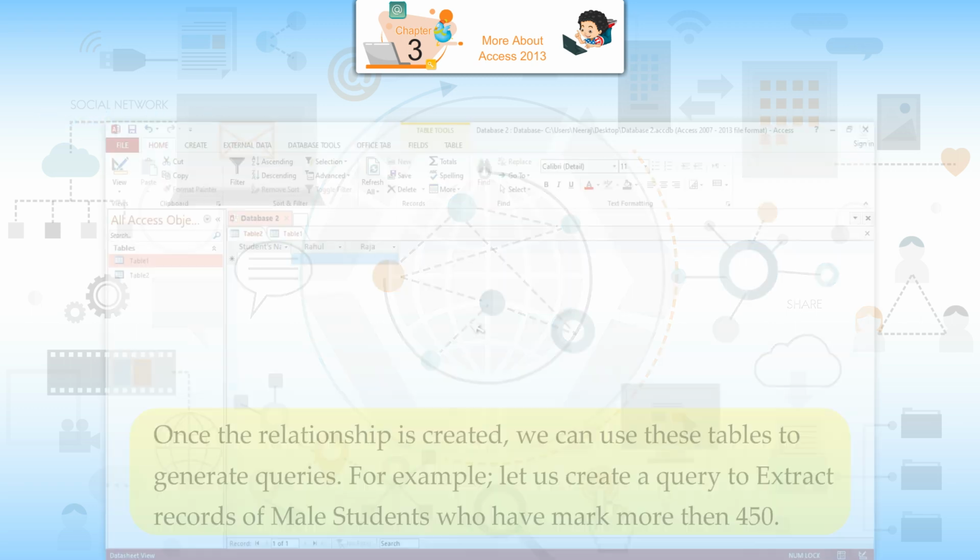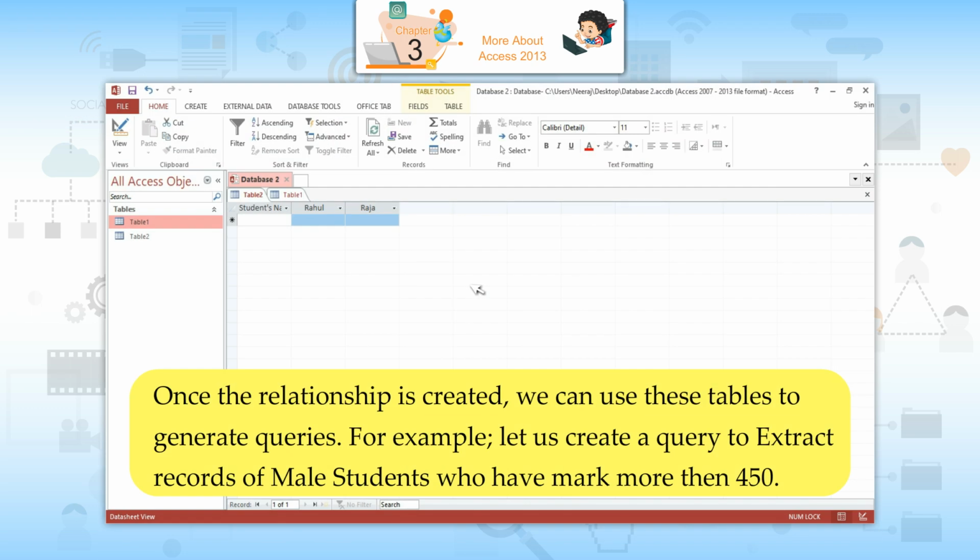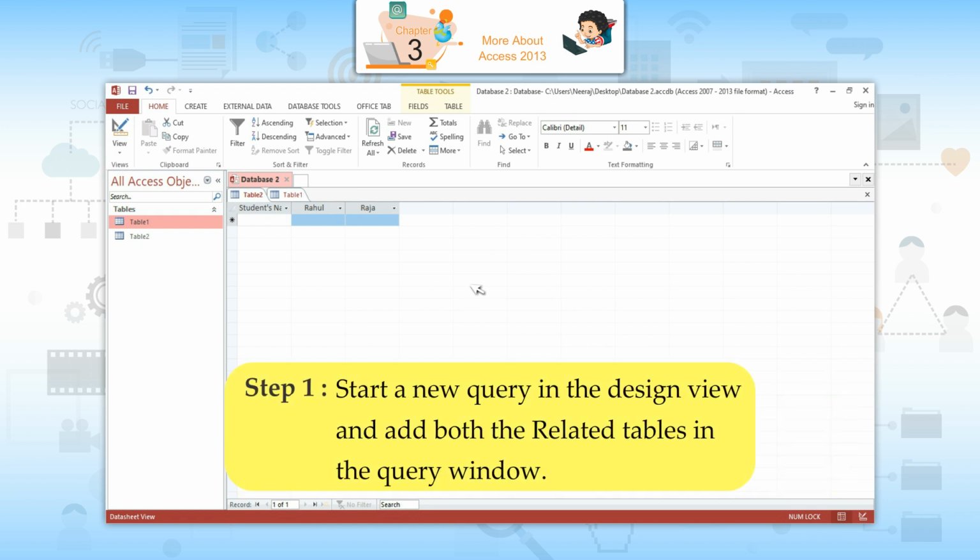Creating queries. Once the relationship is created, we can use these tables to generate queries. For example, let us create a query to extract records of male students who have marks more than 450. Step 1. Start a new query in Design View and add both the related tables in the Query window.